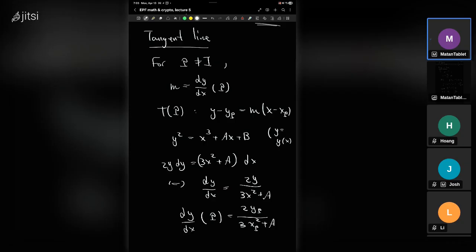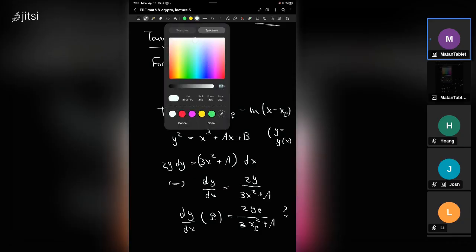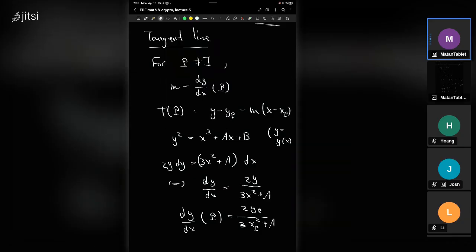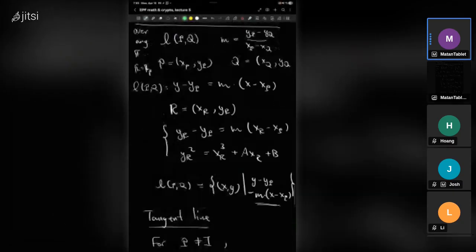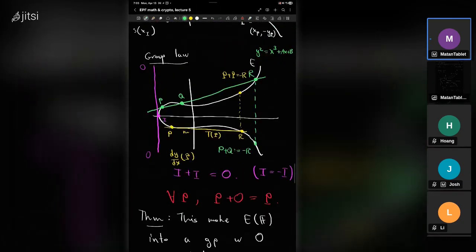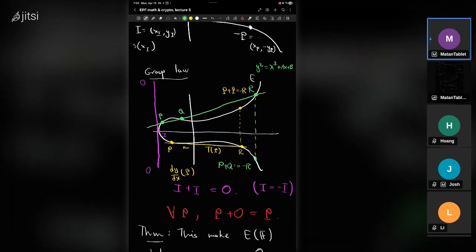You check whether this is going to be equal to your slope, and you construct the tangent line here in green, again over any field. What I did here does not depend on the real numbers. It's just that the geometric intuition of how to interpret this law as a shape on the xy axis is only valid over the real numbers. But the equations themselves are valid over any field.